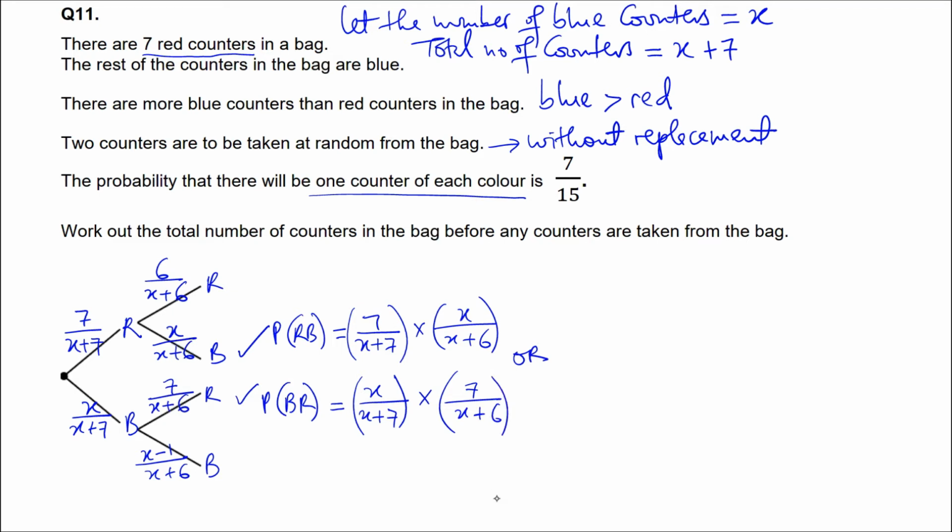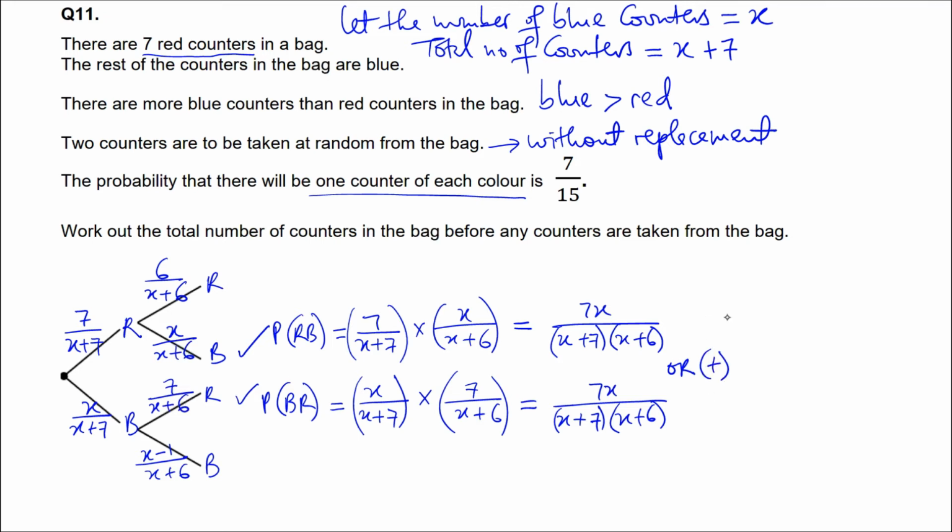Now, if you work this out, this will be equal to 7x over x plus 7 multiplied by x plus 6, and this will also be equal to 7x over x plus 7 multiplied by x plus 6. Here OR means you add.